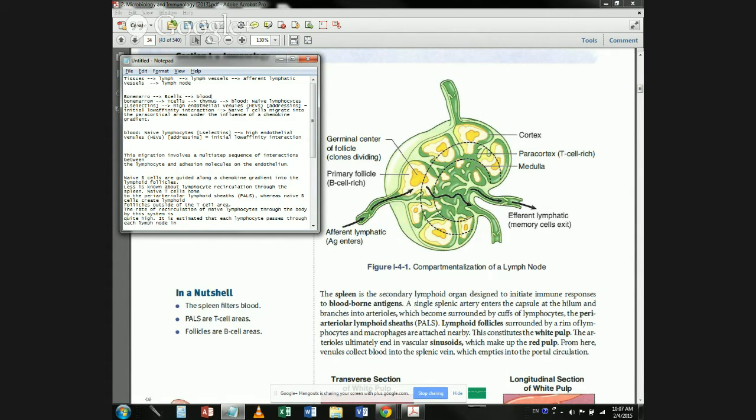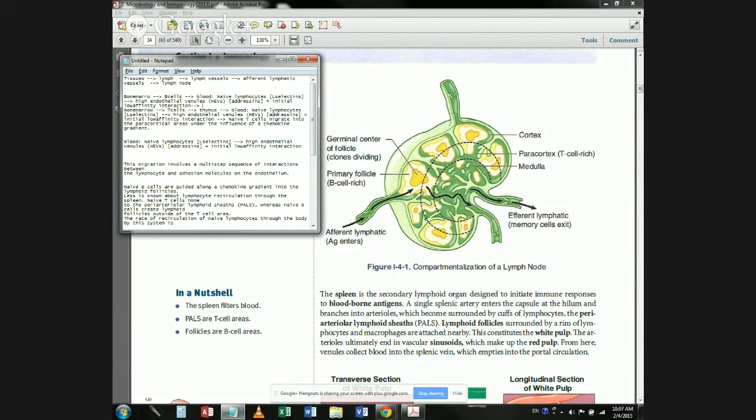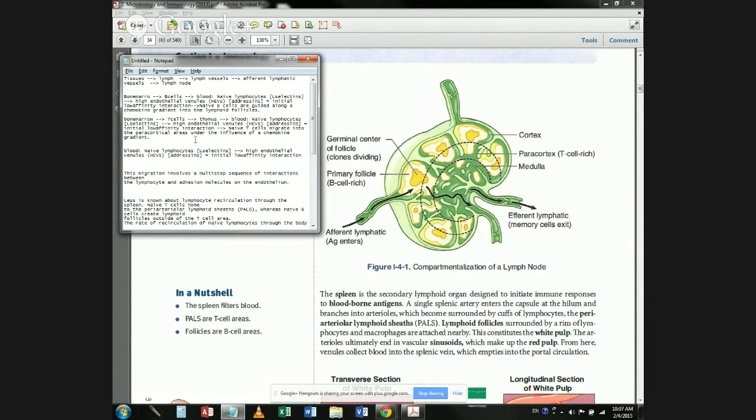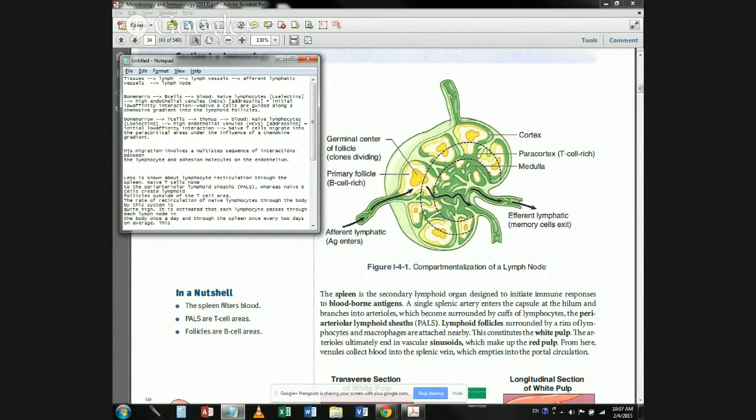But if you are a B cell, you would go here. That makes sense to me. All right then. So this migration we're learning about, we know that happens.